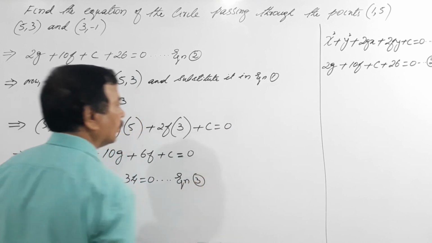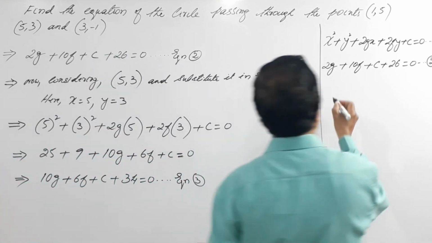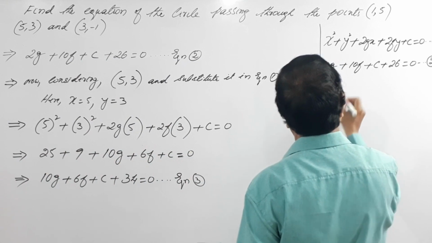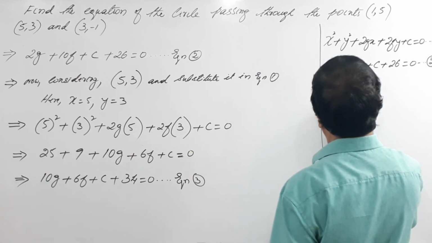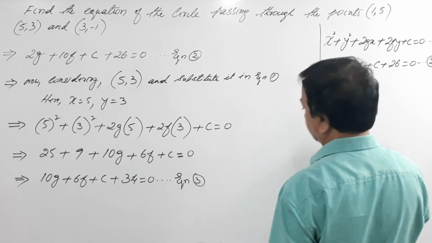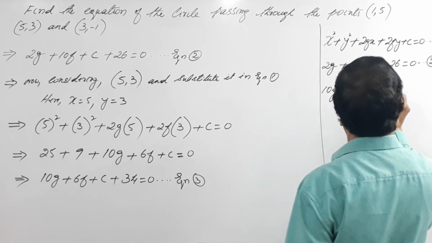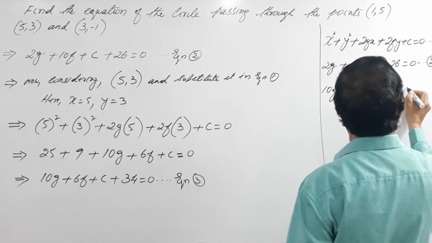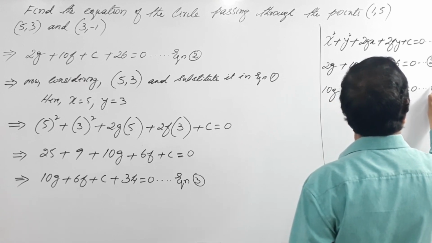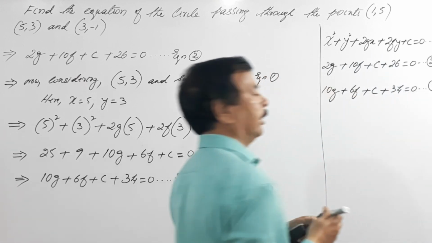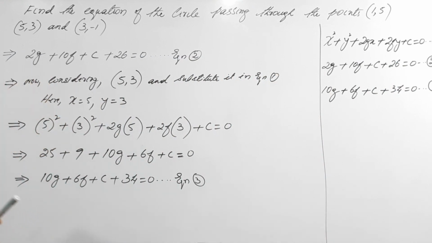That is 10g plus 6f plus c plus 34 equals to 0. That is equation 3. Done.